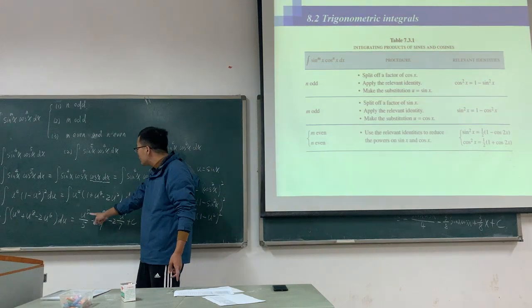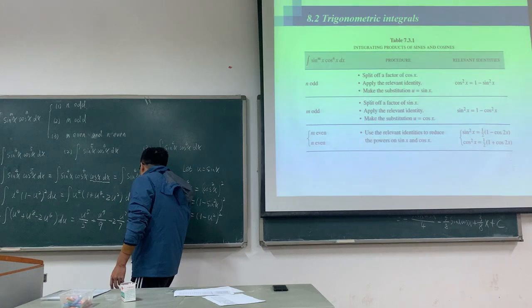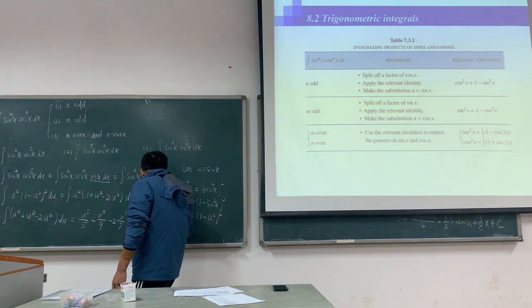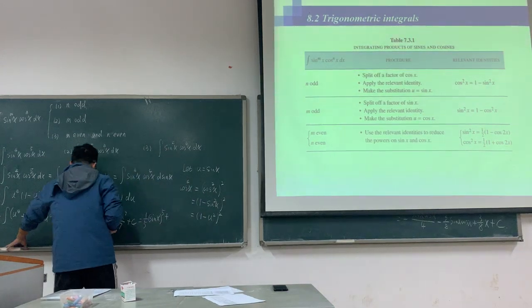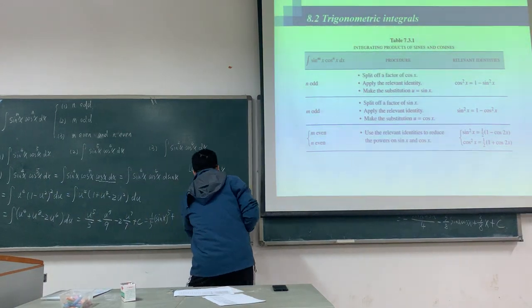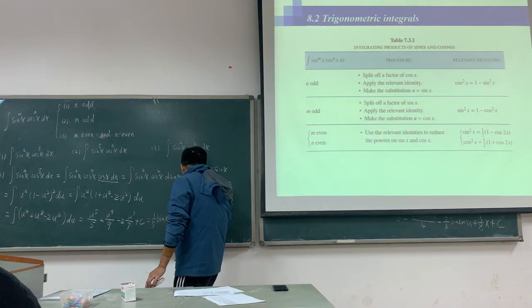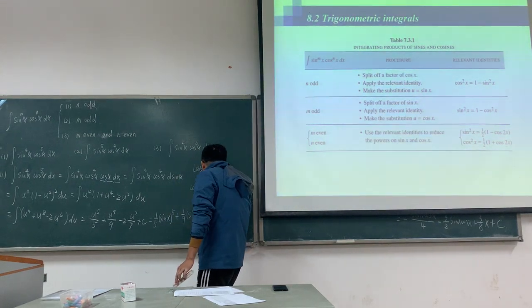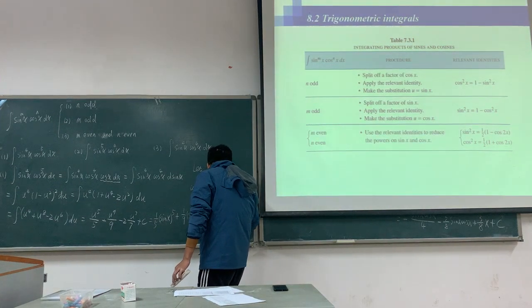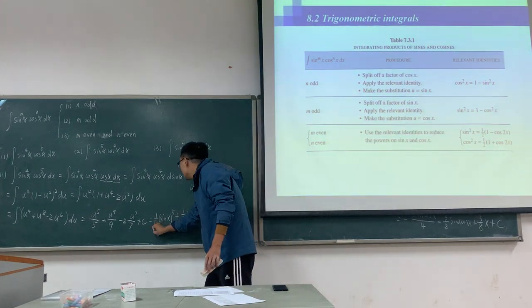Now we replace u by sin. The answer is 1 by 5 sin x to the 5th power plus 1 by 9 sin x to the 9th power minus 2 by 7 sin x to the 7th power plus a constant.